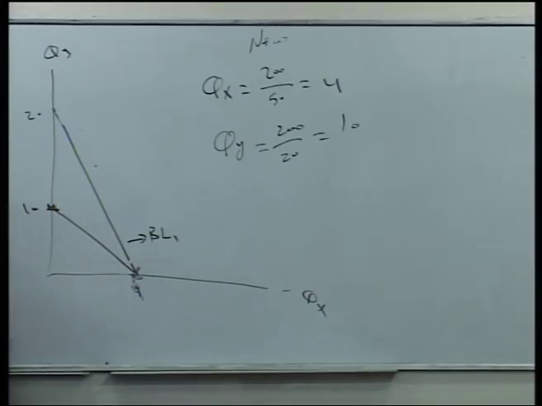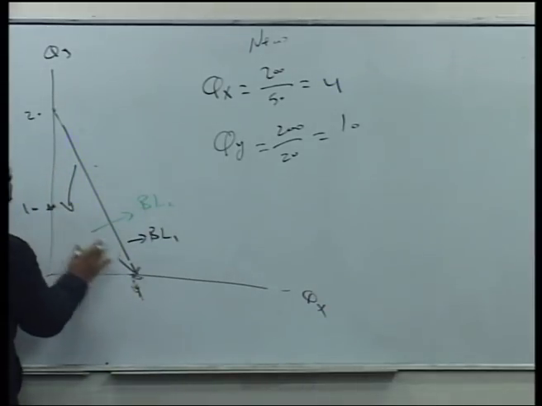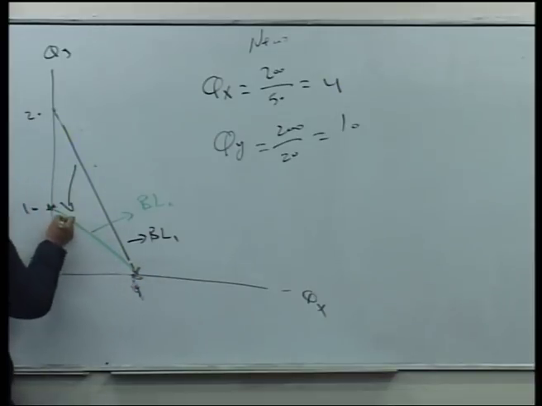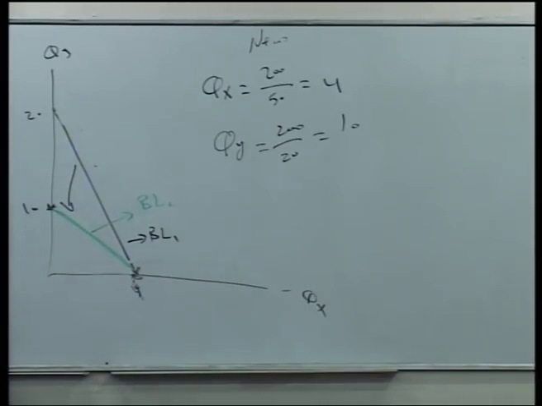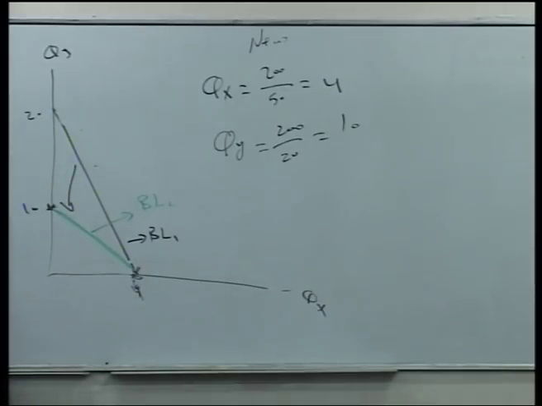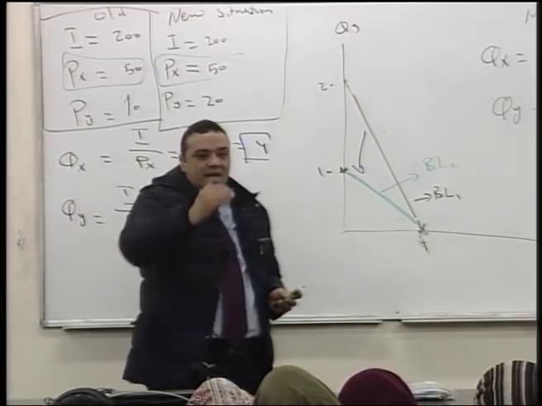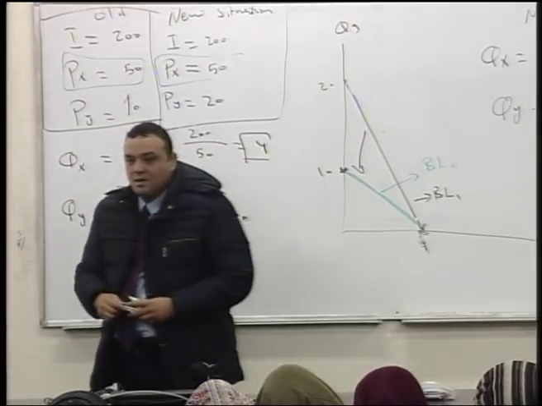Right? So here we have a new budget line, budget line 2. This is the new budget line. What will happen to the slope here? It was 20 over 4, and now 2.5 here, right?